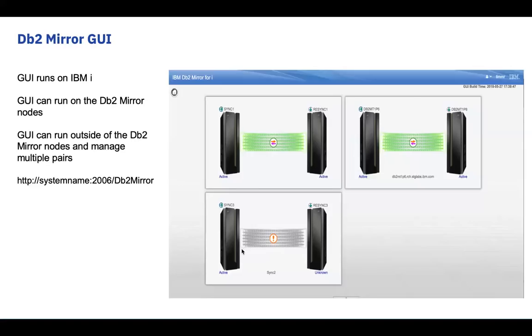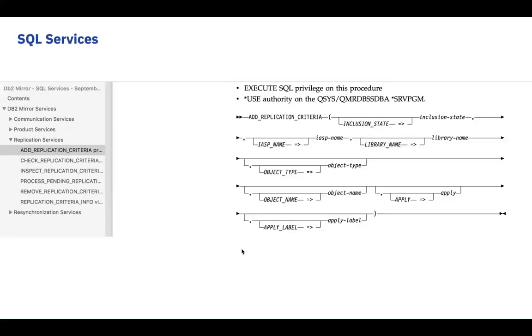The second part of managing Db2 Mirror is SQL Services. Over the last 5 years, especially the last 2 years, we've been very heavily invested in providing SQL Services into the system management realm. You can do a lot of things now with SQL Services just to manage your system.